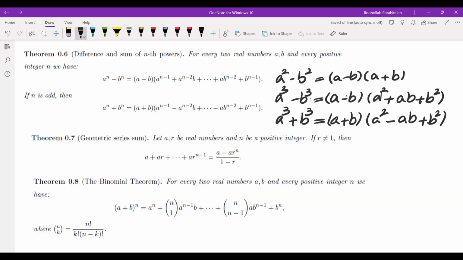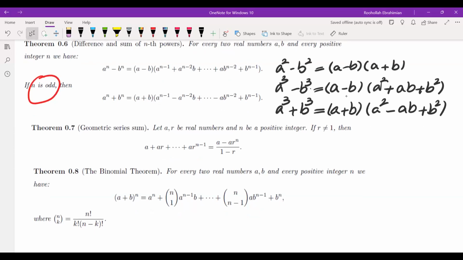It can be factored as a plus b times a large parentheses, similar to the above, except that the signs alternate from positive to negative, and the last sign is ultimately positive. Note that it is very important to check that n is odd. Otherwise, this identity is not valid.